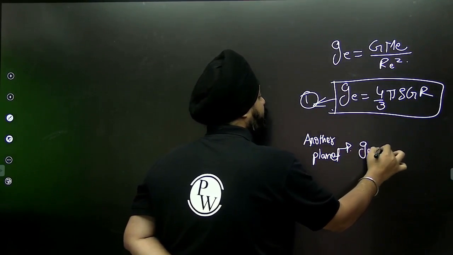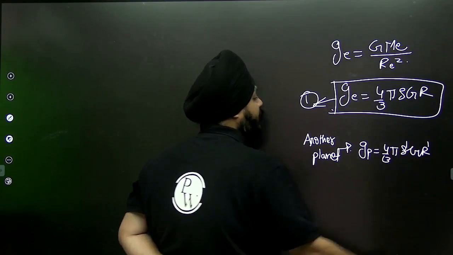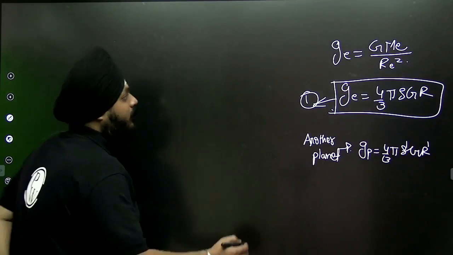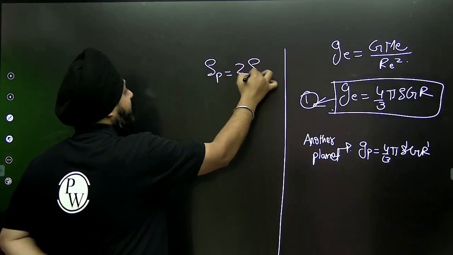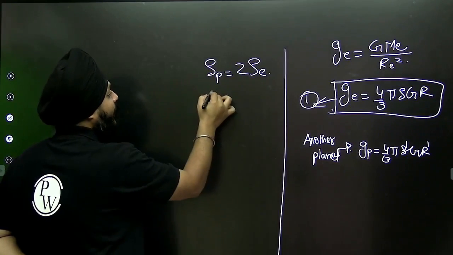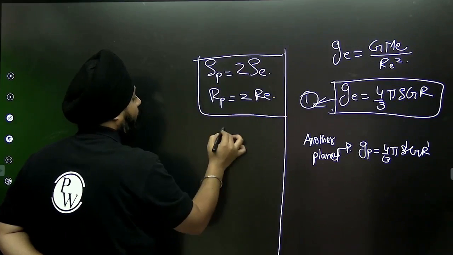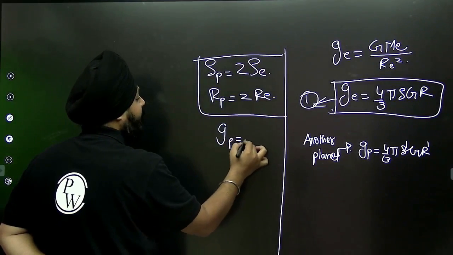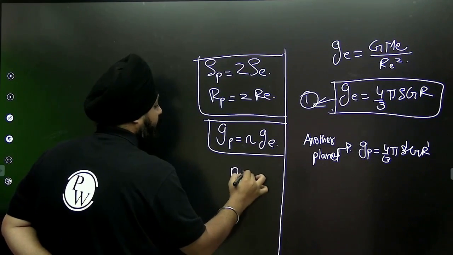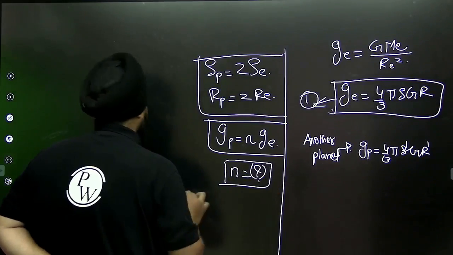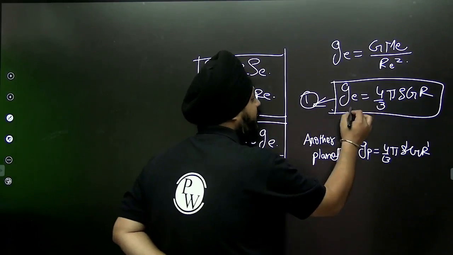For this planet, the density is twice the density of earth, and the radius is twice the radius of earth. Then what will be the gravitational acceleration of that planet in terms of n times the gravitational acceleration of the earth? What will be the value of n?